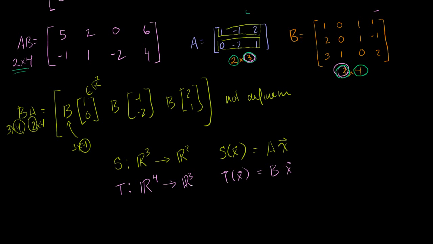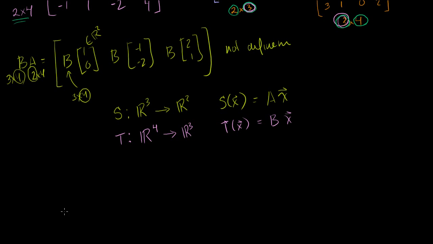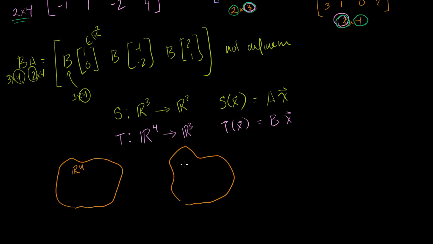Now, let's think of the composition of the two. We have R4 here. We have R3 here. And then we have R2 here.